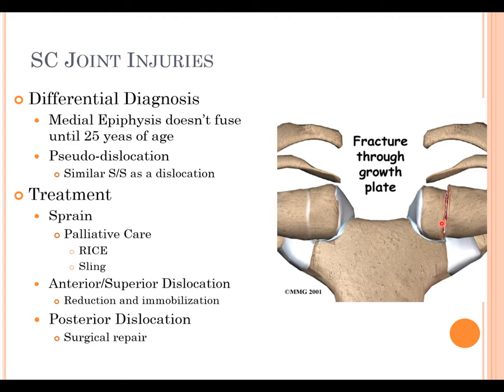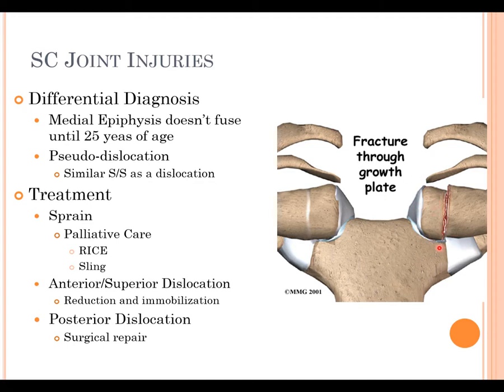So we have to make sure that we understand what's going on here, that it's not a regular dislocation or regular sprain, but we identify that it is actually a fracture, a Salter-Harris fracture of the growth plate at that medial clavicle. So it's called a pseudodislocation, where we have a fracture of the growth plate that's displaced versus a regular dislocation.